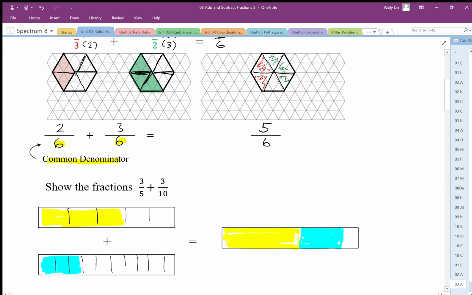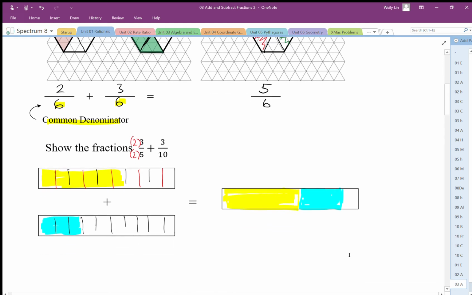Here this works out kind of nicely, because when we look at this, if I do divisions of 2 for the fifths, I get the same size pieces as the tenths. Again, I'm going to do groups of 2, so I'm multiplying by 2. And so I end up with it looking like this.